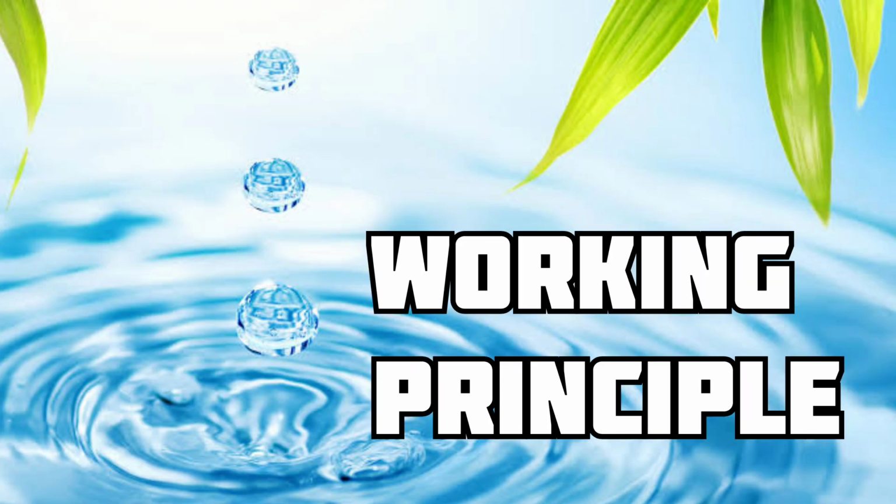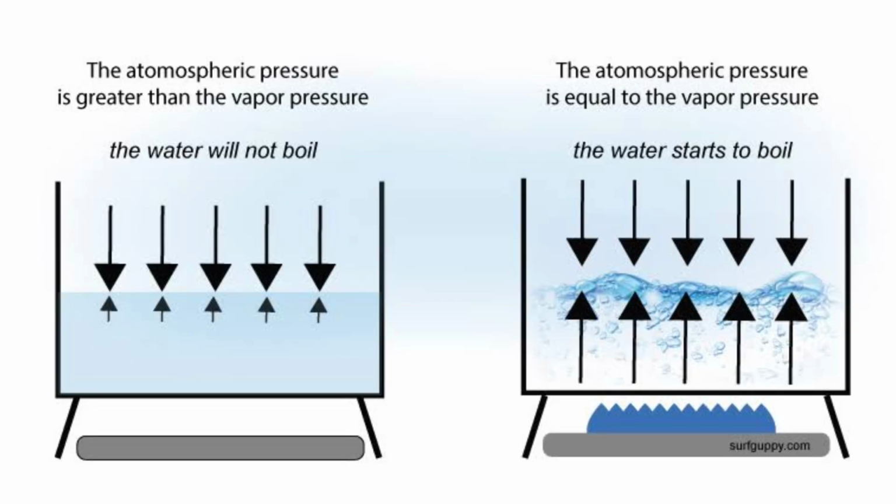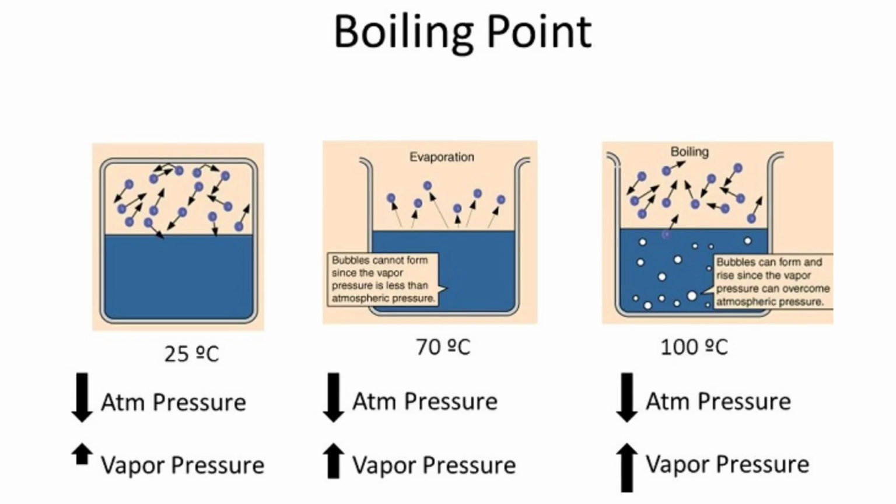Freshwater generator working principle. Basic principle of all low pressure freshwater generator is that boiling point of water can be reduced by reducing the pressure of atmosphere surrounding it. By maintaining a low pressure, water can be boiled at low temperature, say 50 degrees Celsius.